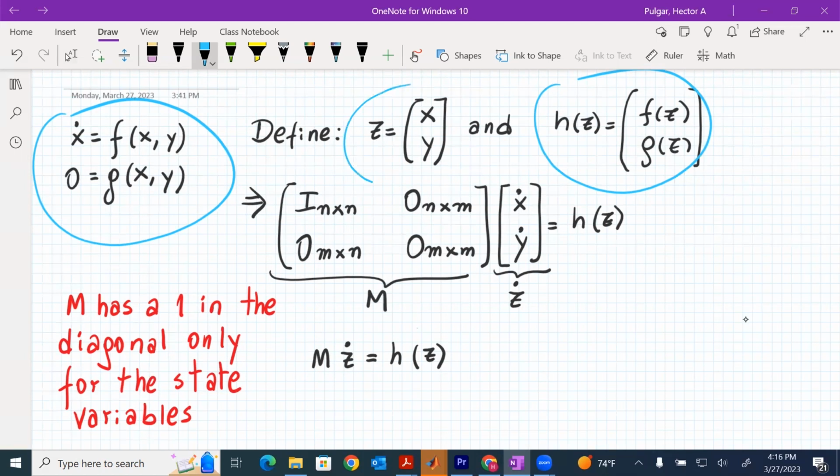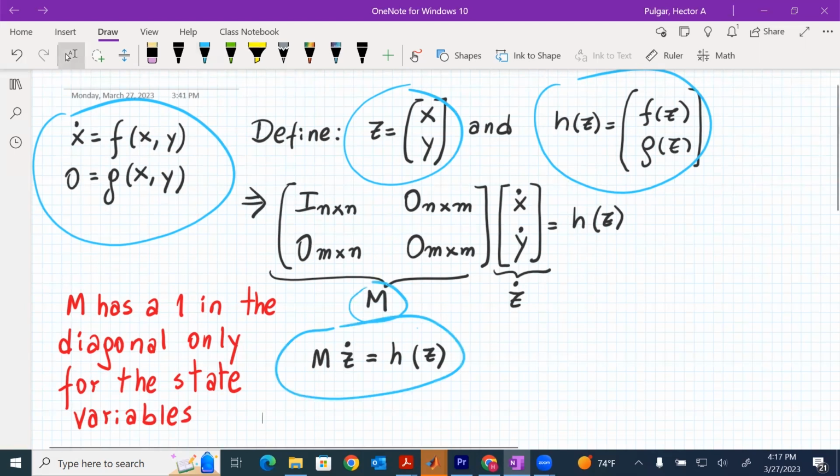When we do this, we will also define the new vector of variables, x and y. So with this definition, how are we going to tell the ODE solver which one is a differential equation and which is an algebraic equation? We're going to do that by using the mass matrix M. And the mass matrix M is defined as described here in the equation. So with that, this is what the ODE solver in MATLAB will use.